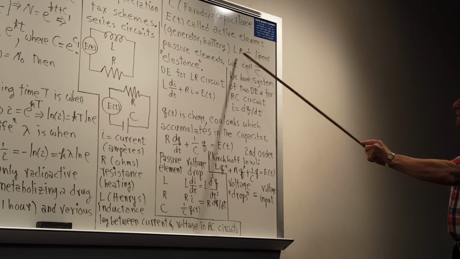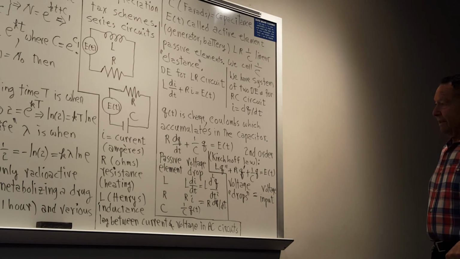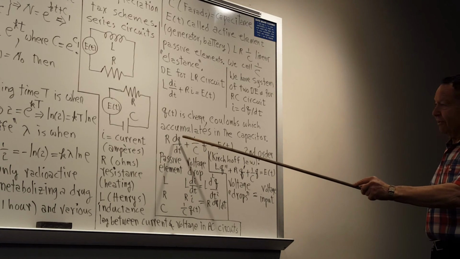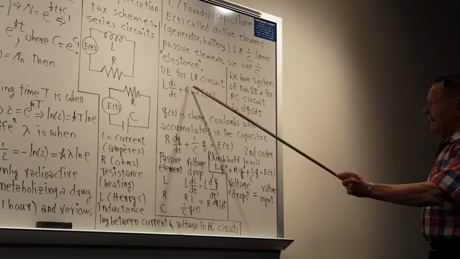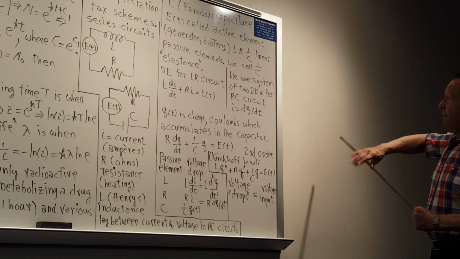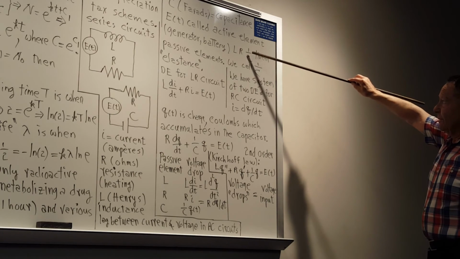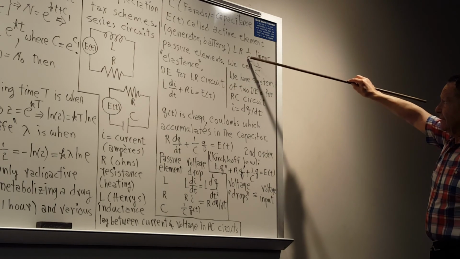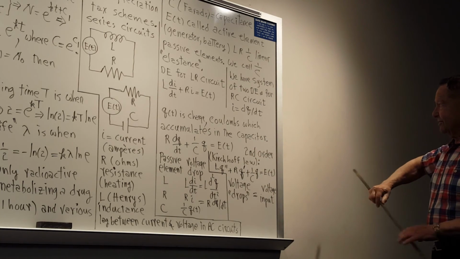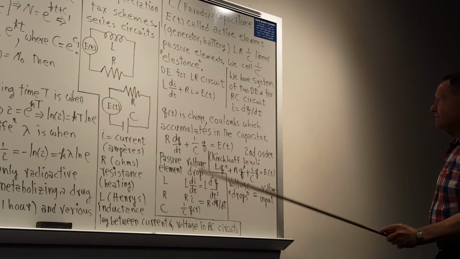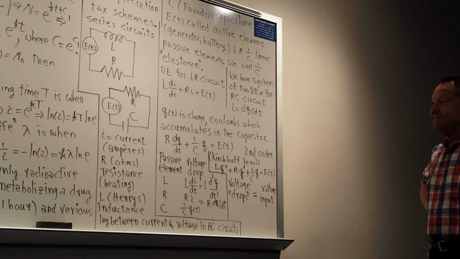So the constants of proportionality in the differential equations, where the variable is either charge Q or current I, are L for inductance, R for resistance, and 1 over C across the capacitor. The 1 over C has a name, elastance, which I wrote someplace. There we go. We call 1 over C elastance.